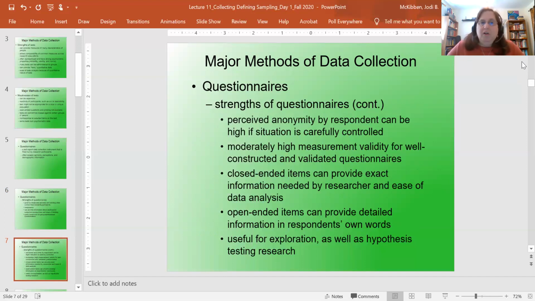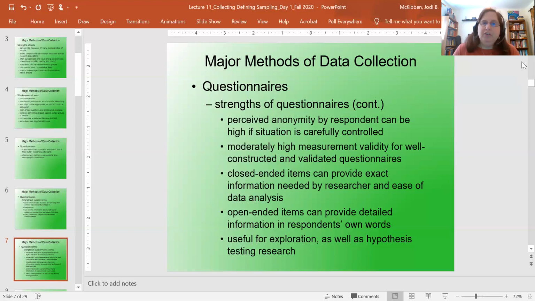If you have a well-validated measure, then that would be great, right? You could actually have measures here that are validated. Closed-ended items can provide exact information. And open-ended items can provide detailed information in respondent's own words.